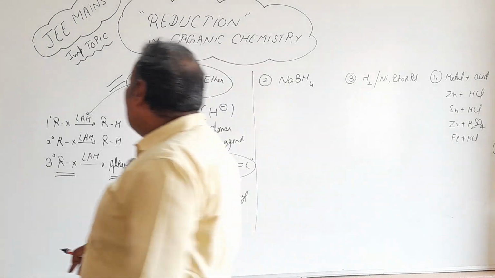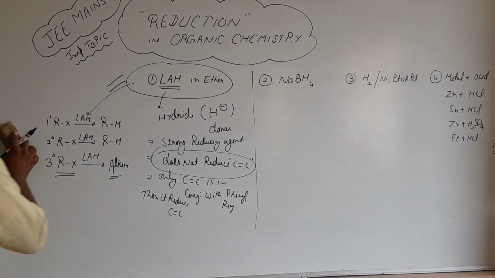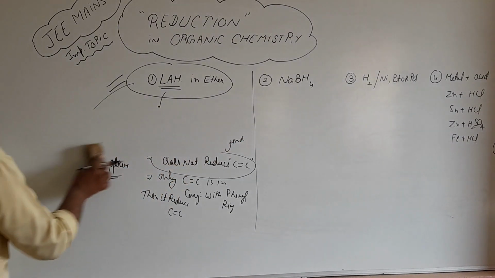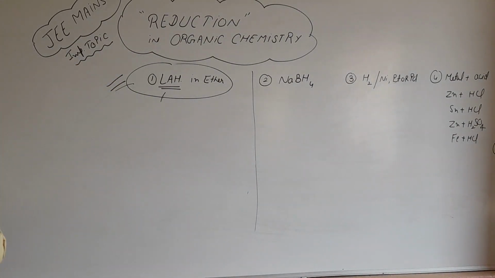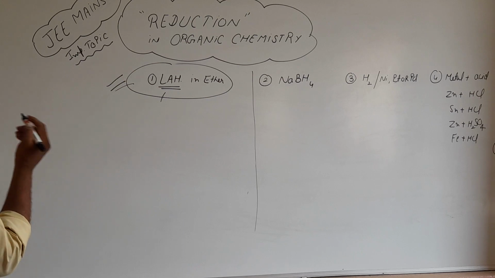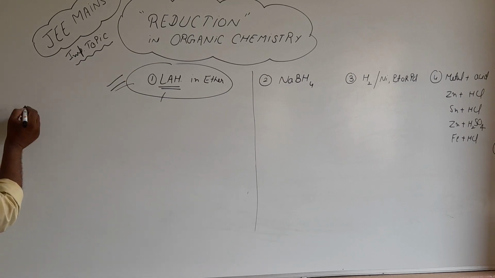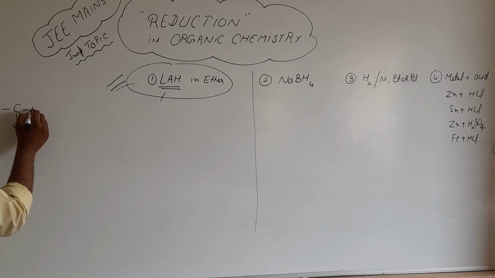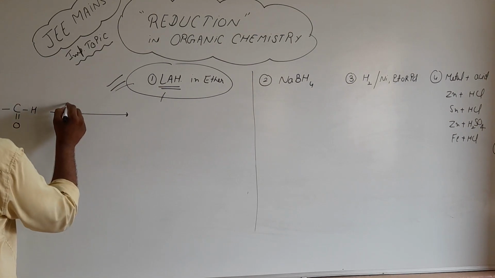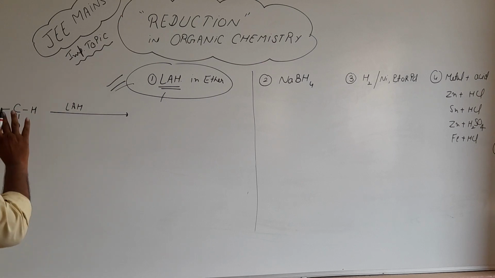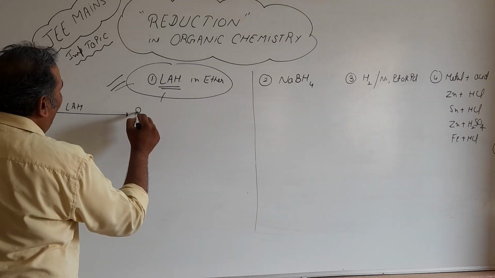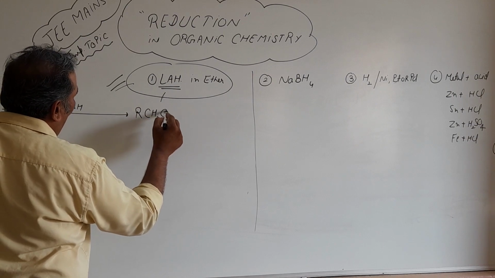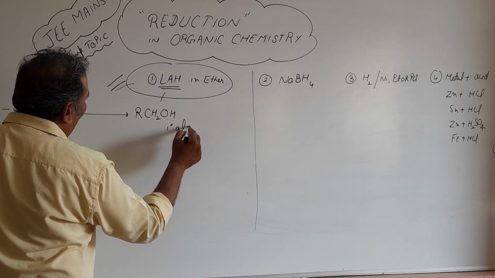So let's discuss which functional group is reduced into which when we are using lithium aluminum hydride. For example, an aldehyde is reduced by lithium aluminum hydride into 1 degree alcohol.